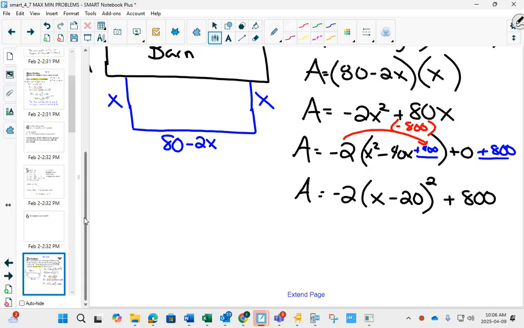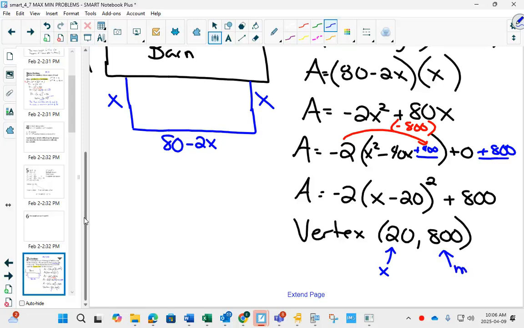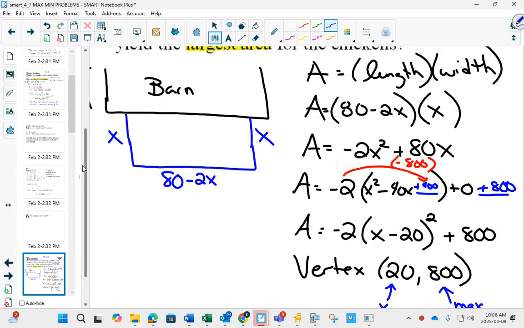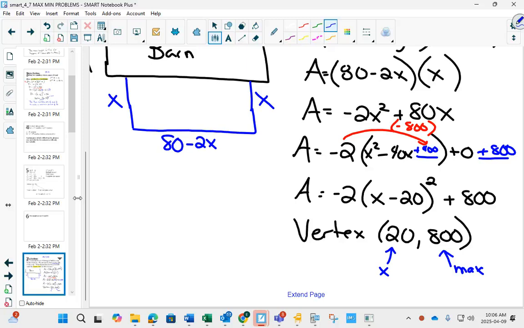And our vertex. Hey, you guys actually, your first guess was the best one. Right? Because this is our x, and this is our max or our min. In this case, it's a max. So if we look at our diagram, what is the question asking us? What dimensions? So these are word problems, so do we end word problems with a little sentence?